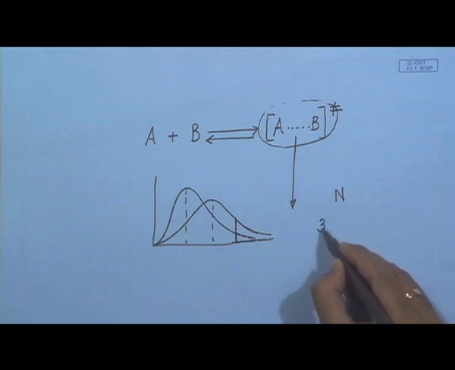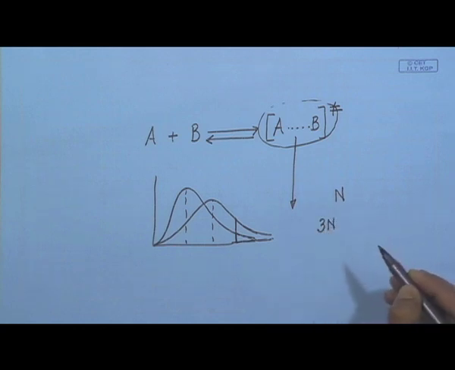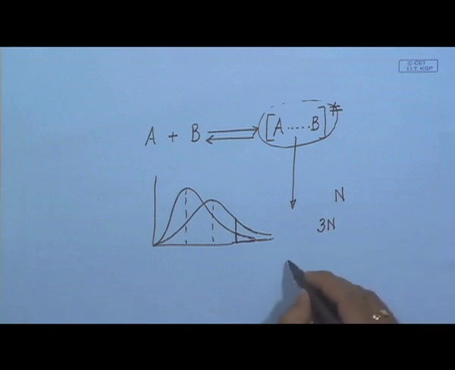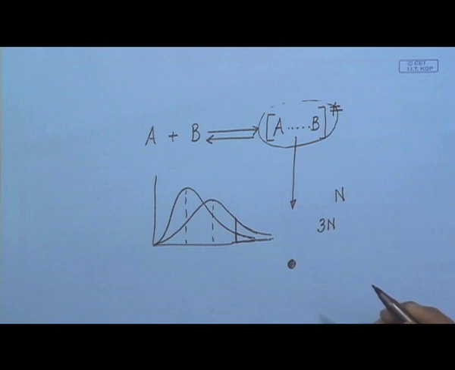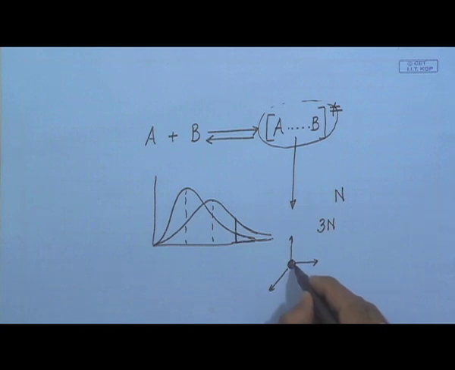There will be a total of 3n degrees of freedom. For a monoatomic case, say only one atom, how many degrees of freedom will it have? It will have 3 translations in 3 mutually orthogonal axes. Now, if we increase the number of atoms by 2, that means if it is a diatomic system, then what will happen?